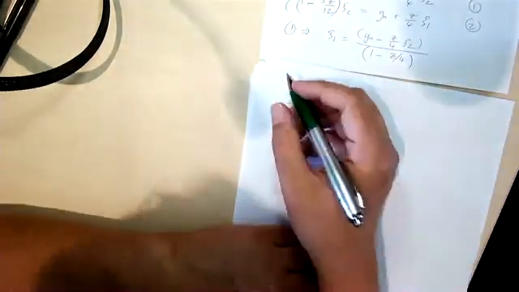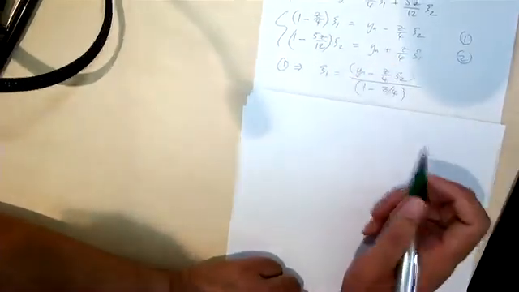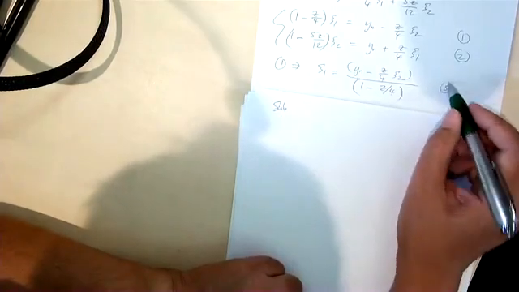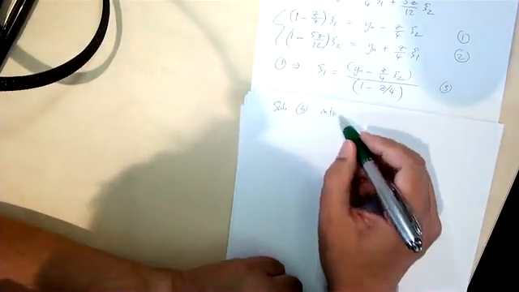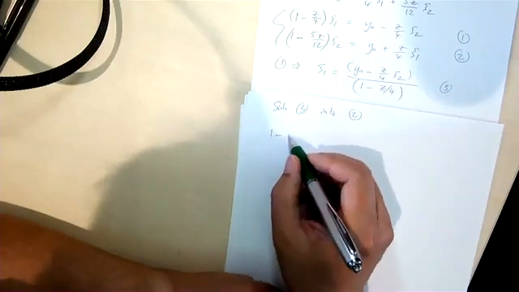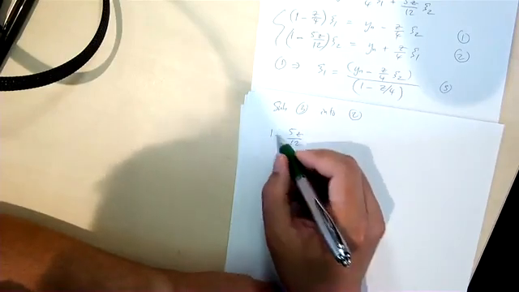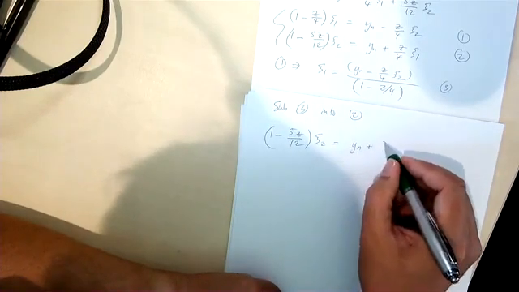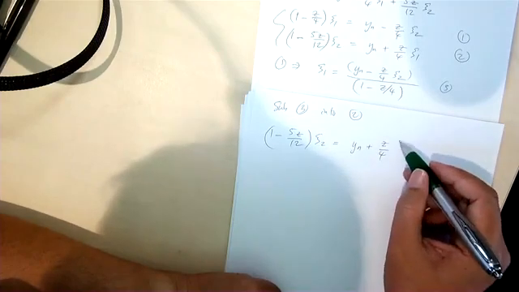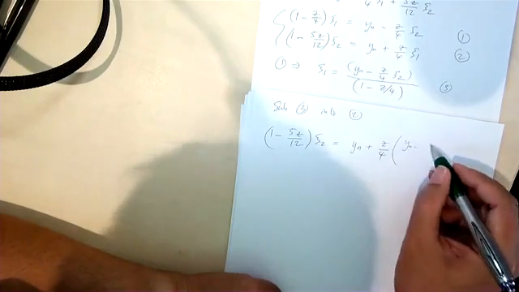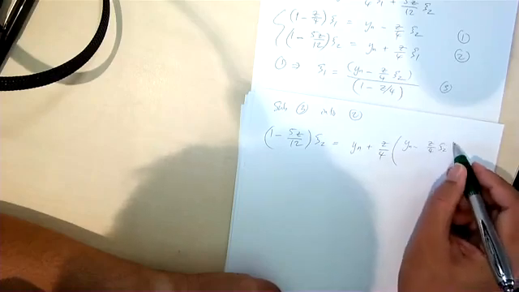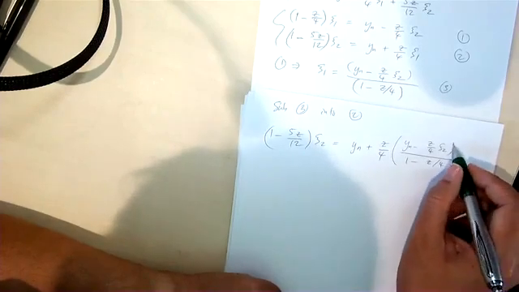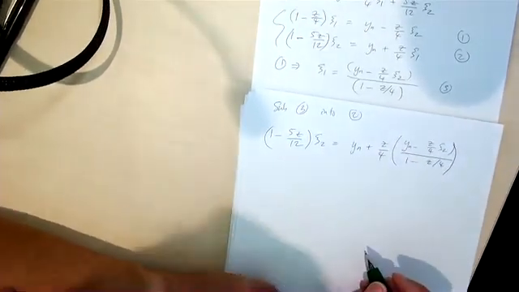Then I substitute into 2. So 1 minus 5z over 12 times xi2 equals yn plus z over 4 times xi1, but now xi1 is yn minus z over 4 xi2 over 1 minus z over 4.